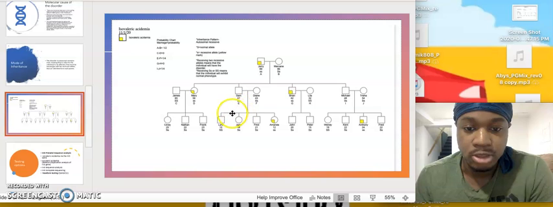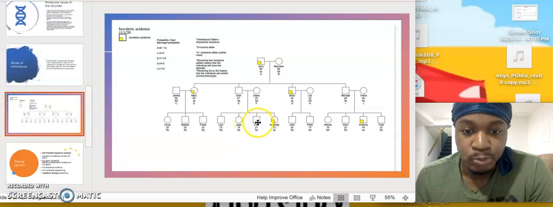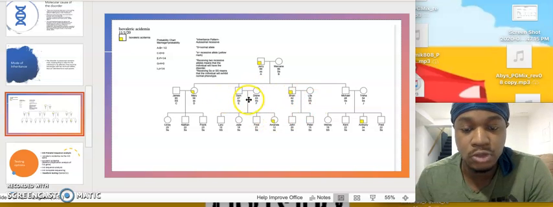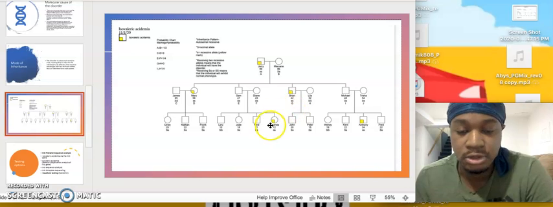Sam and Diane, E and F, will have one child that exhibits the recessive trait, because you can see here, Sam is heterozygous, one dominant, one recessive, and they're both heterozygous, one dominant, one recessive. So that will lead to one child exhibiting the recessive trait.